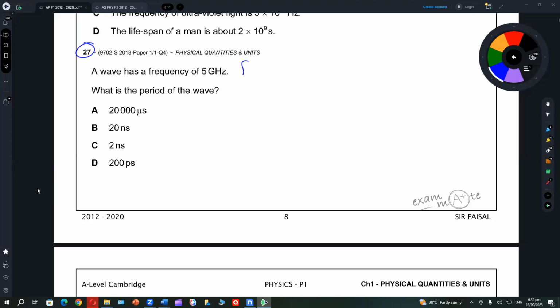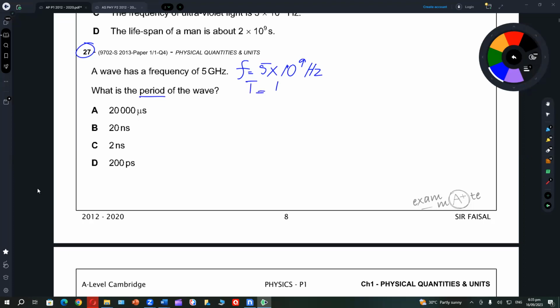So first we write the frequency. How much power should I give for giga? The power for giga is 9. What is the formula for time period?